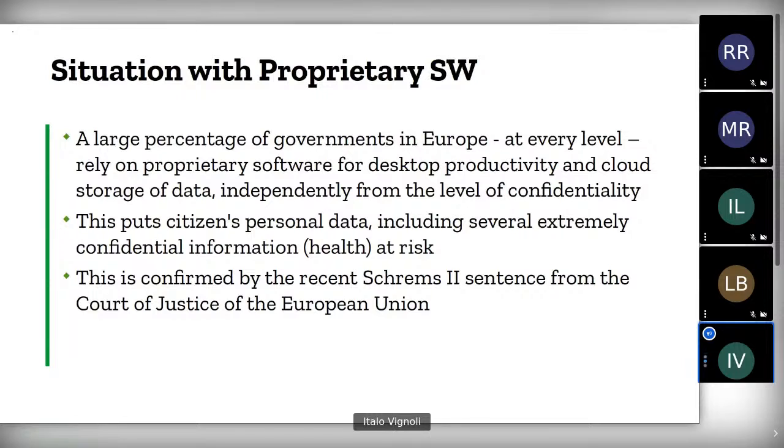And this is independent from the level of confidentiality. There is a false assumption that data can be stored in one geography, in one continent.